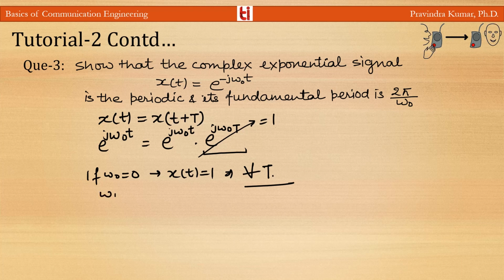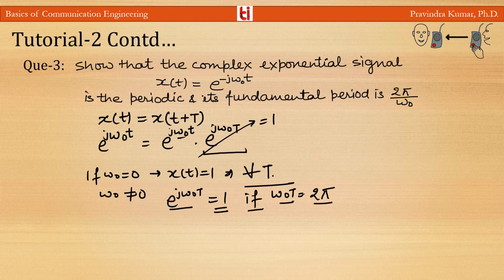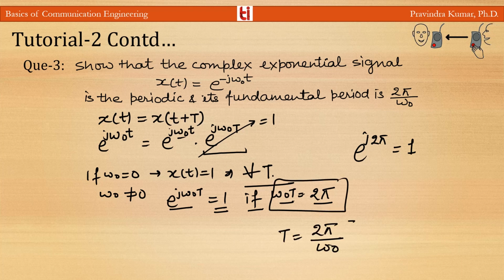And if ω₀ is not equal to 0, then if ω₀T is equal to 2π, e^(jω₀T) will be equal to 1, since you know e^(j2π) is equal to 1. So the fundamental period from here is 2π/ω₀. This is the fundamental period of this complex exponential signal.